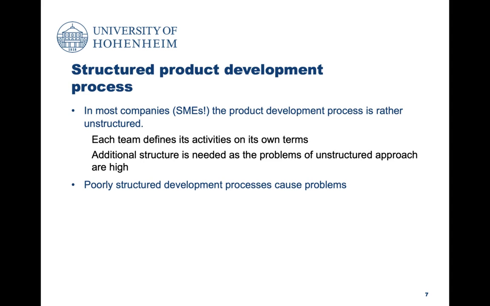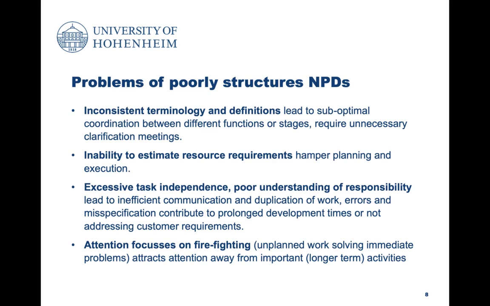We would basically say that we need some structure, as the problems of an unstructured process from idea to product launch are really high. So as I said, unstructured development processes can actually cause a lot of problems. What kind of problems are those?